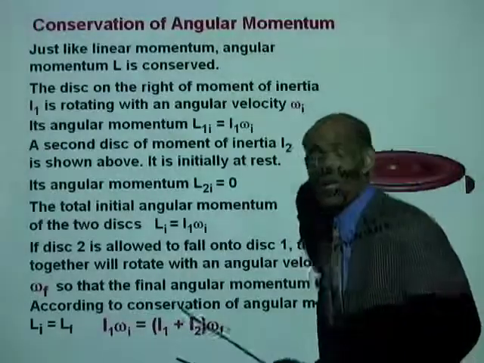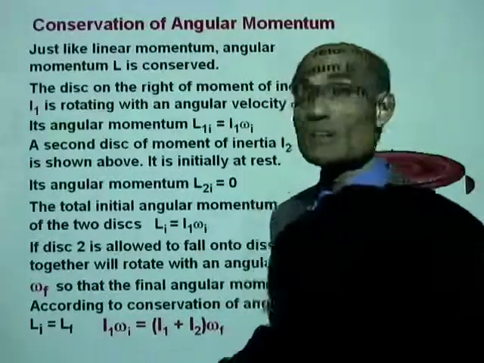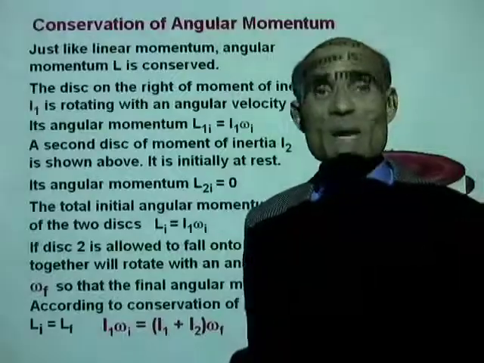Now, this has wide applications and is a very useful relation: the conservation of angular momentum. I'm sure you have seen a skater going round in circles, spinning like this. Now, how do they do that? What they do is they first keep their arms apart like this, so that they have a greater moment of inertia.